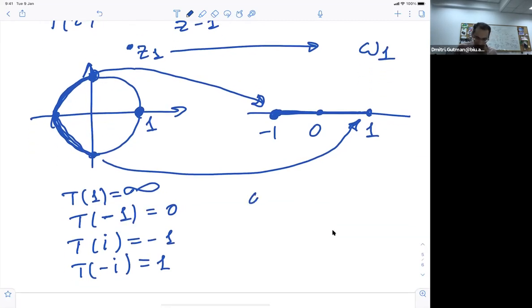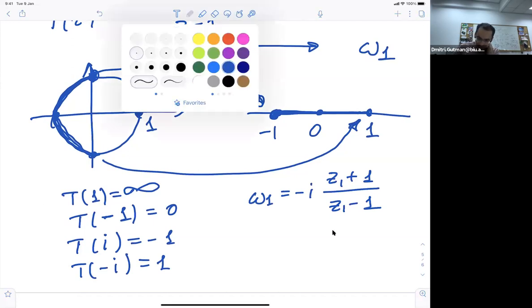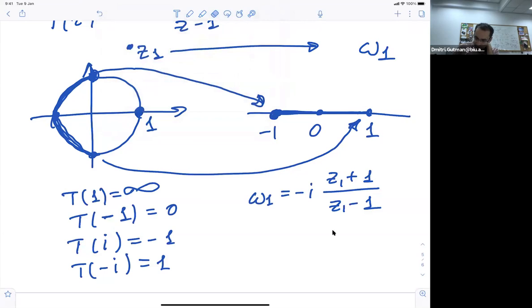And this W1 is just -I times (Z1 plus 1) divided by (Z1 minus 1). So here there is a point W1.